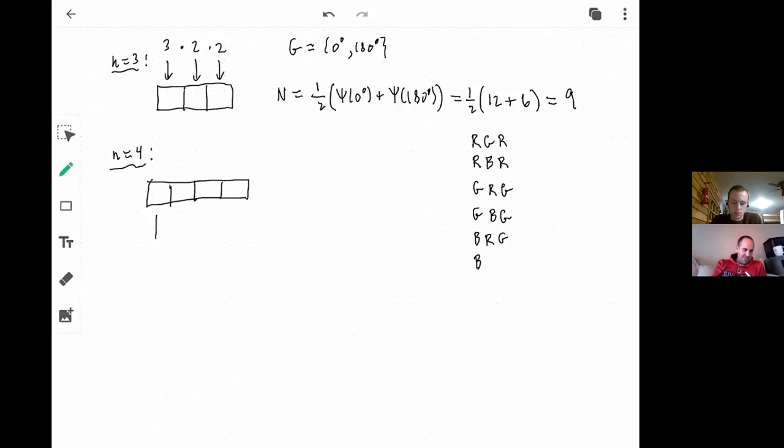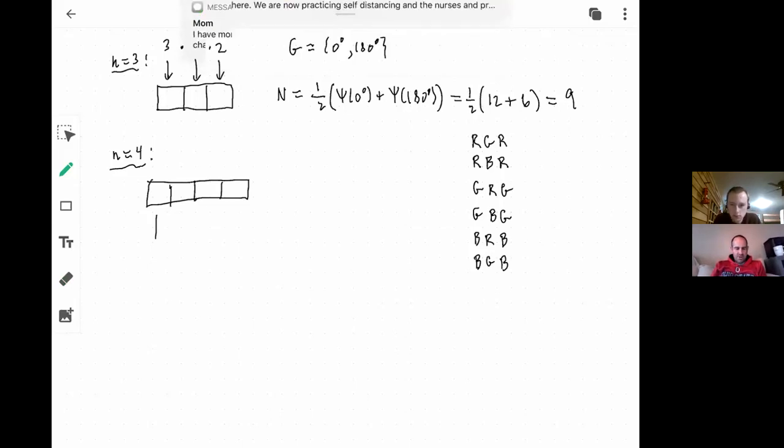Oh, what am I talking about? Right now I'm doing all the ones that are equivalent under 180-degree rotation. Okay, blue, green, blue. Okay. So all of those ones are equivalent under 180-degree rotation, right? That's kind of where the 6 actually came from.